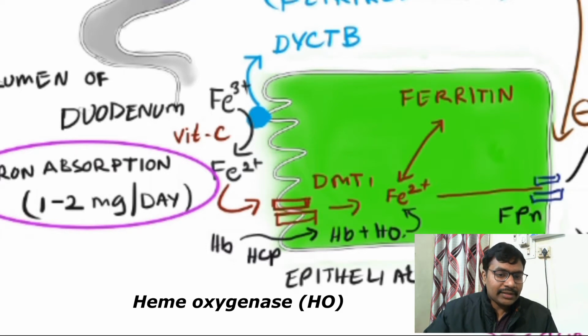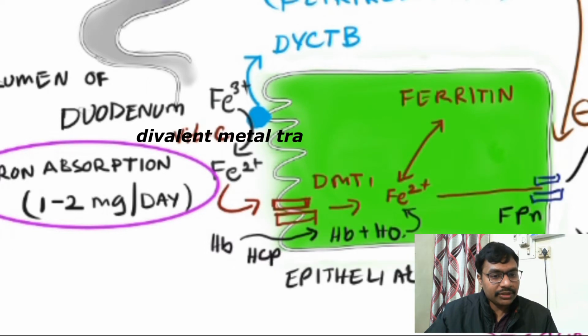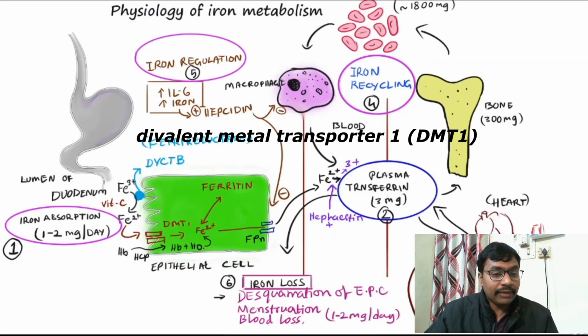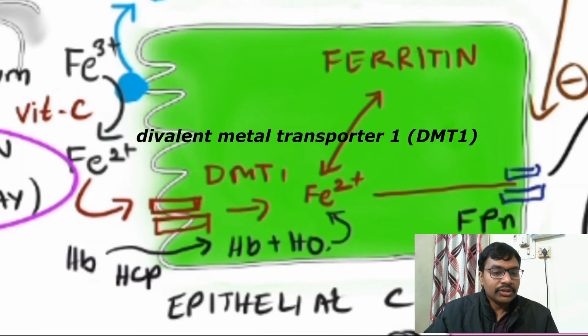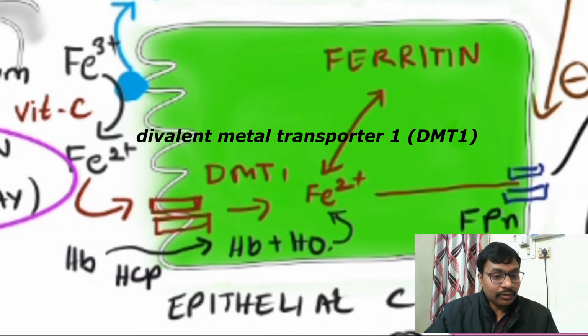So it releases the reduced ferrous ion directly from the hemoglobin. The second way of transportation, through which the majority of transportation happens, is the divalent metal transporter, which also transports the ferrous, reduced form of the iron.